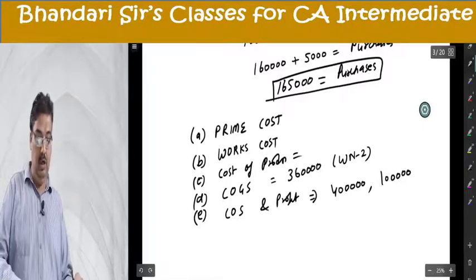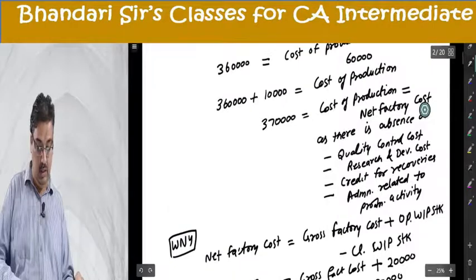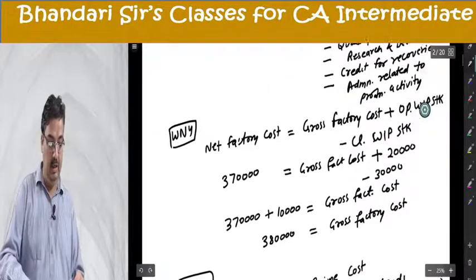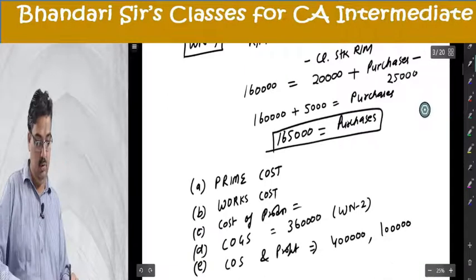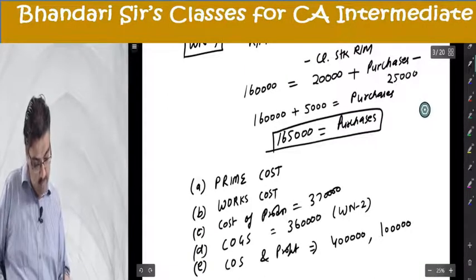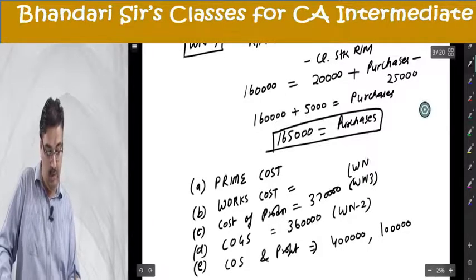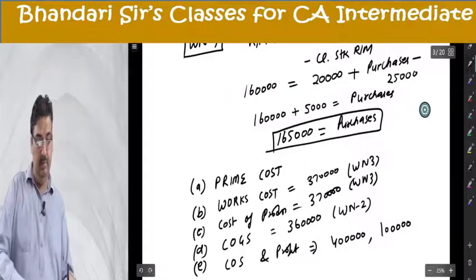Cost of production in working note 3 I computed. Cost of production 3,70,000. This also in working note 3, net factory cost 3,70,000.